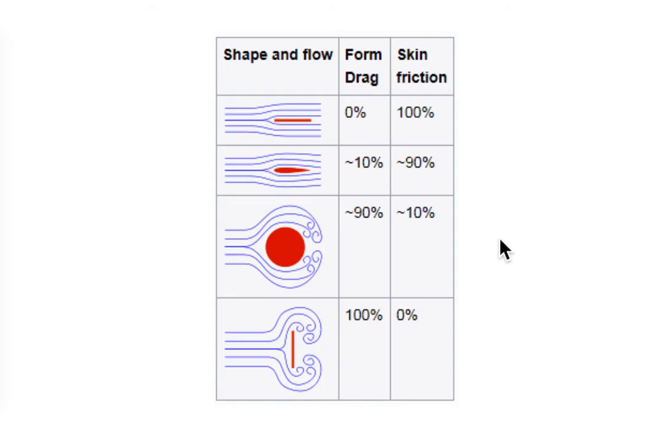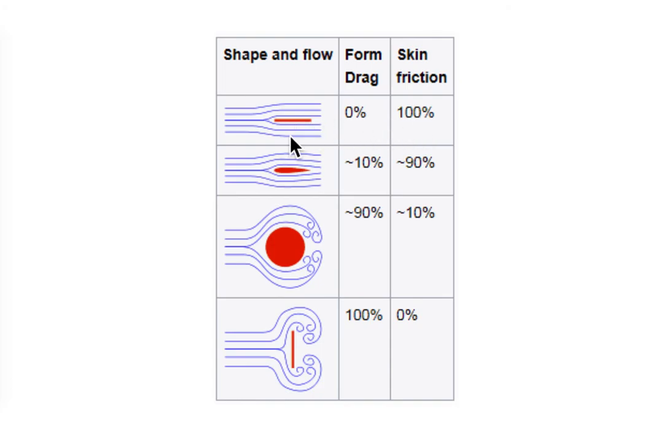Drag force can be divided into two major types. One is form drag and one is skin friction. The simplest explanation is that form drag is drag that occurs because of the thickness of a certain object, and skin friction is because of fluid moving and creating resistance on its surface.